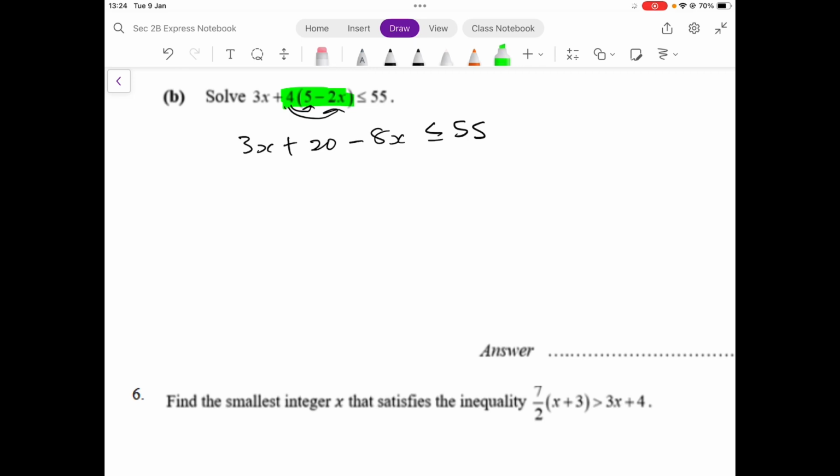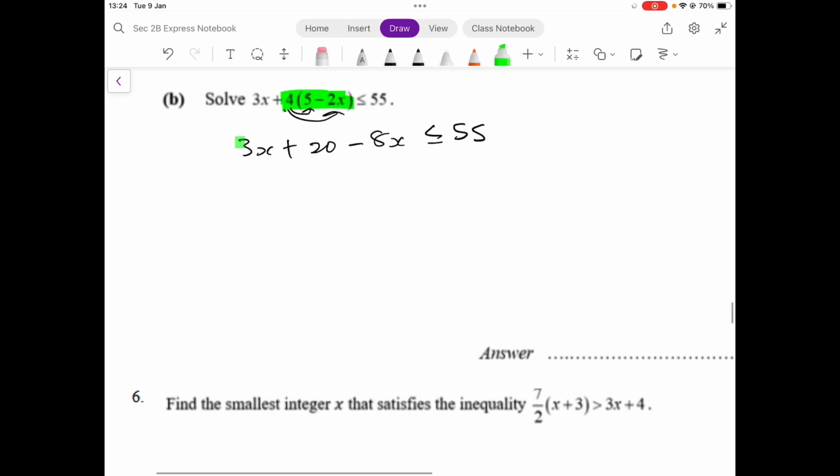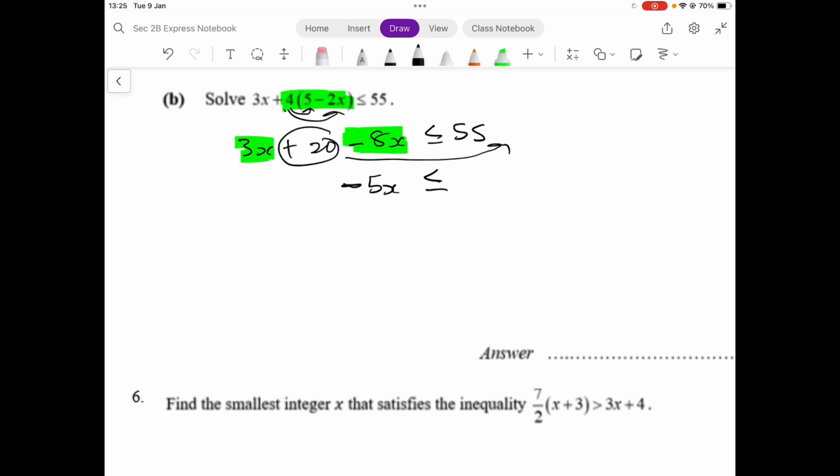Okay, add the like terms together. You will get minus 5x, right? So this has to go over here. So 55 minus 20, 35 minus 5x.